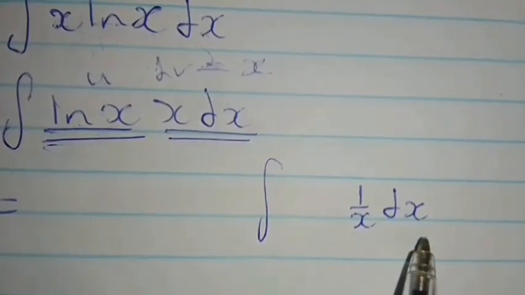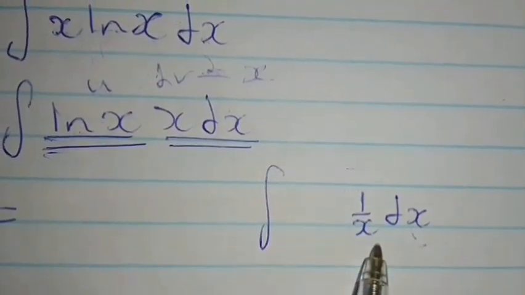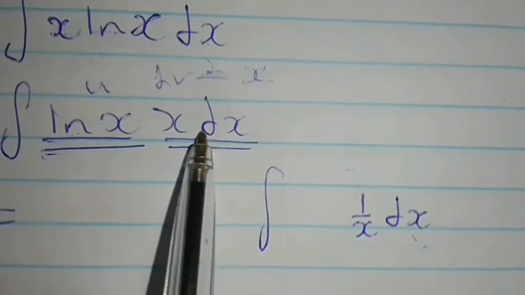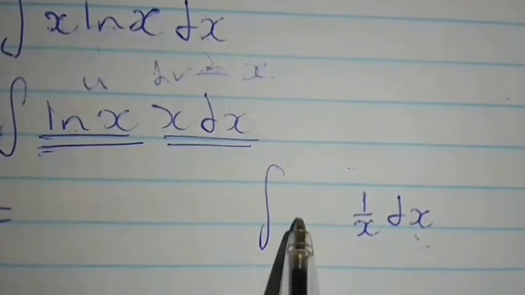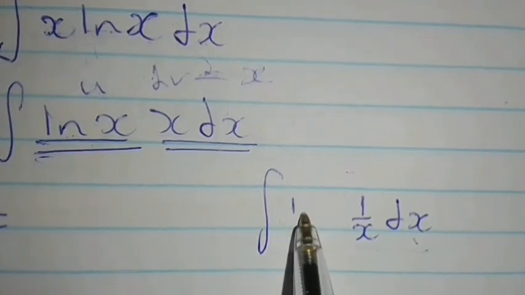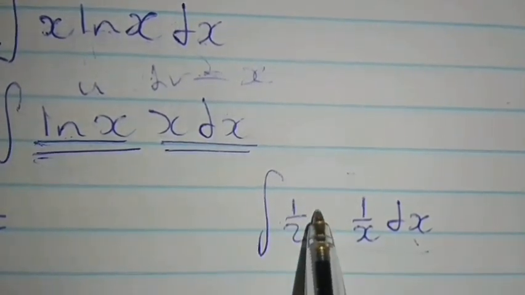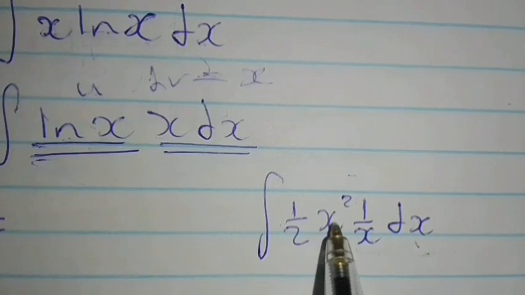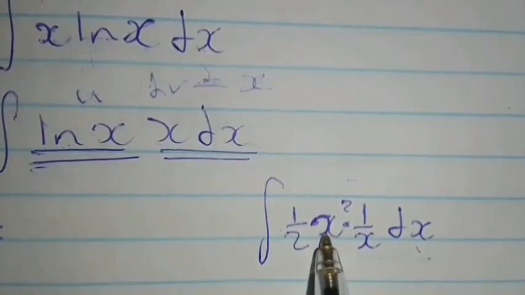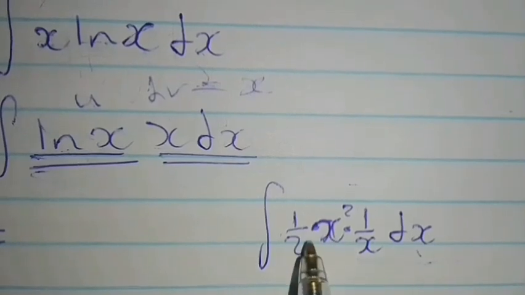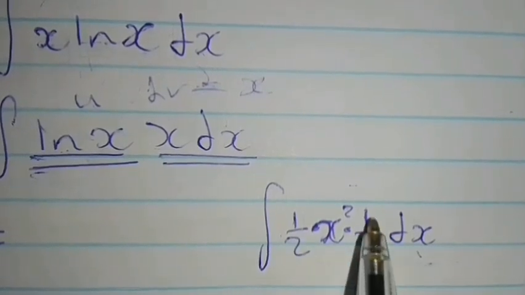Remember, you differentiate ln x, you get 1 over x. Now you integrate x. The integral of x is going to be 1 over 2 multiplied by x squared, or x squared over 2. x squared over 2 or a half multiplied by x squared is the same thing.